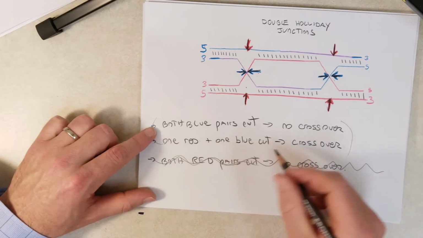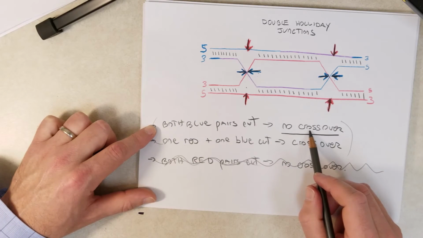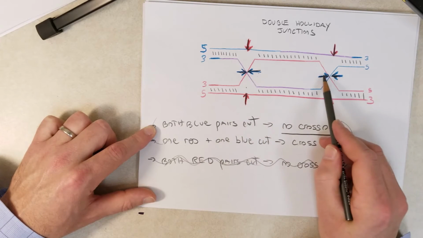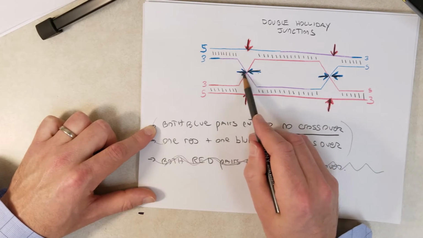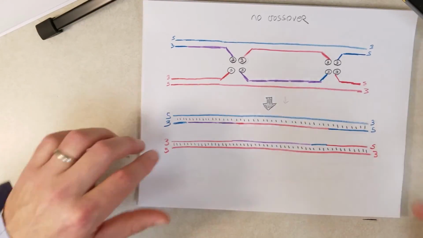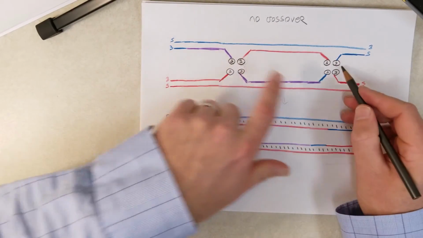So let's first take a look at the no crossover situation. The no crossover situation occurs when we cut the Holliday junctions at these positions here. So I already have this diagrammed. Here we go. This is where the blue arrows were.